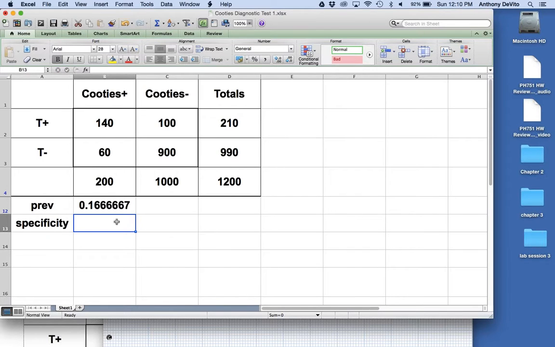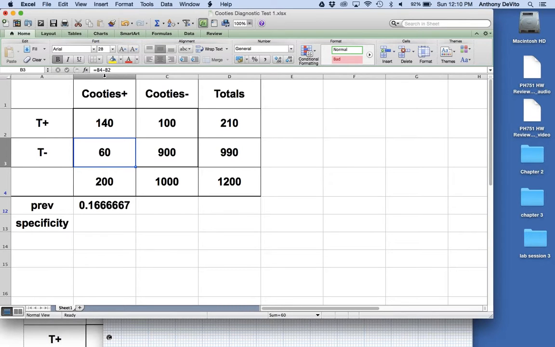Okay, specificity of the test is how good it is at identifying people that have the condition. Well, out of the 200, if I look at this in the columns, this represents all of the people that have the condition. This cell represents the ones that tested positive with the diagnostic test. This cell represents those that tested negative.